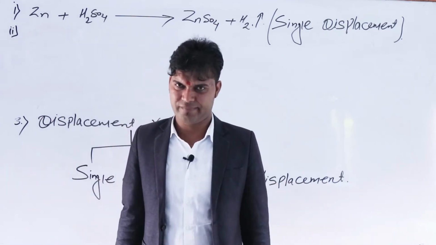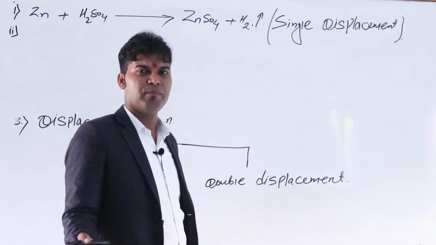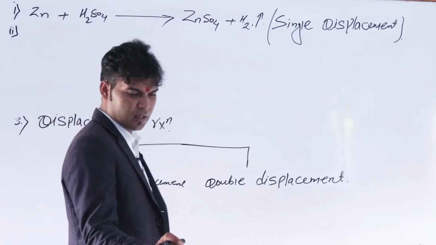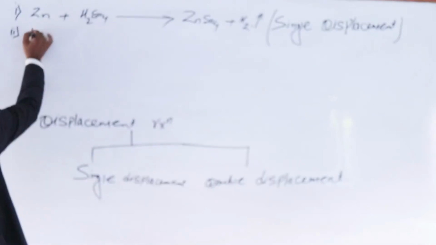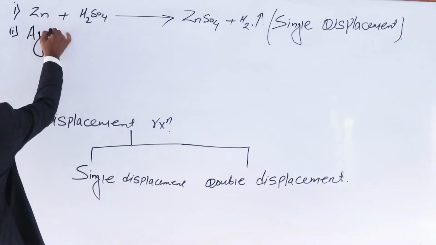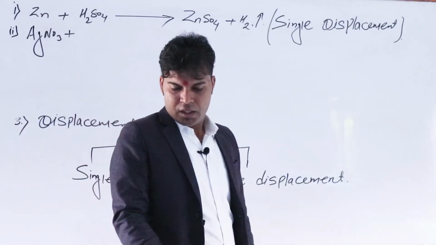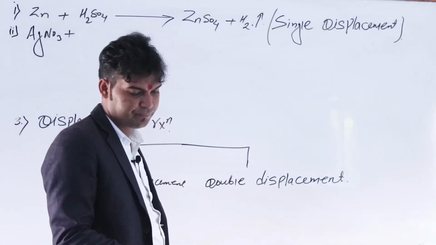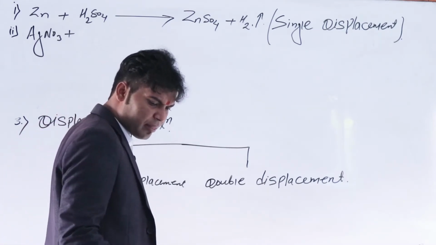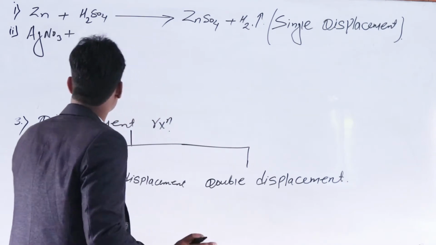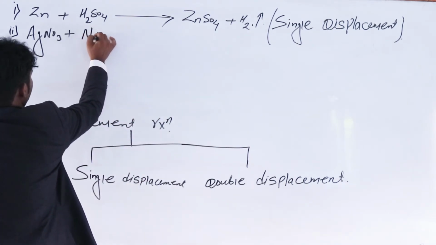Likewise, two compounds mutually react. For example, write one example: silver nitrate reacts with sodium chloride, NaCl.